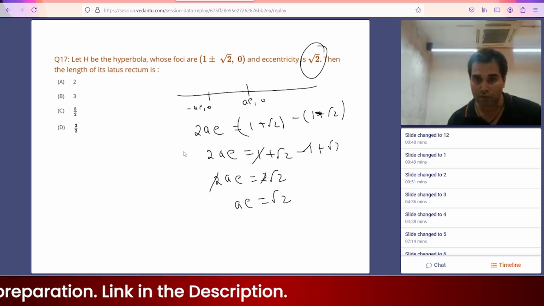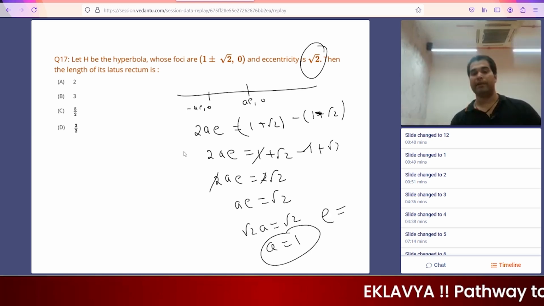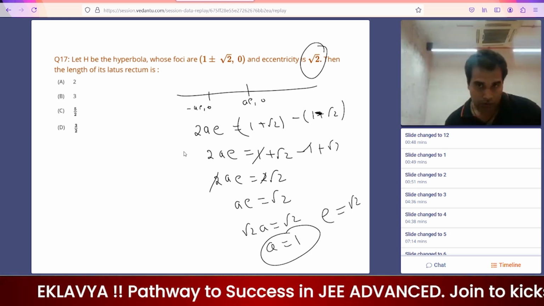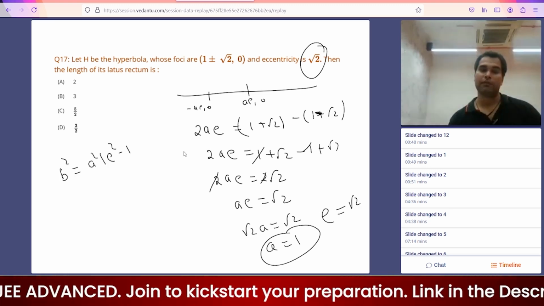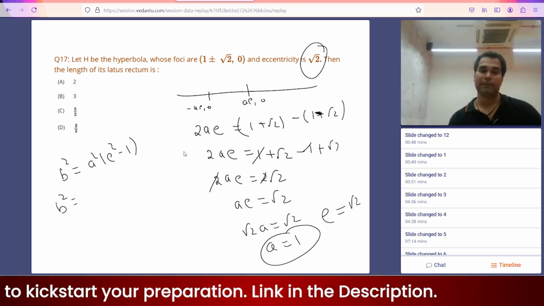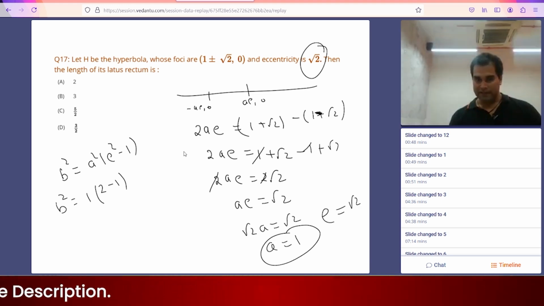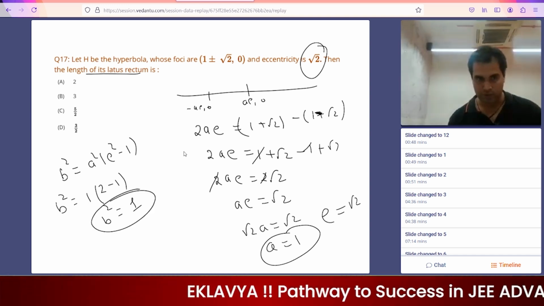When we put the value of e as root 2, means root 2 a equal to root 2, here we will get a equal to 1 and e equal to root 2. And as we know the formula, b square equal to a square times e square minus 1, b square equal to a square means 1, and e square is 2, 2 minus 1, this means b square equal to 2 minus 1 is 1.